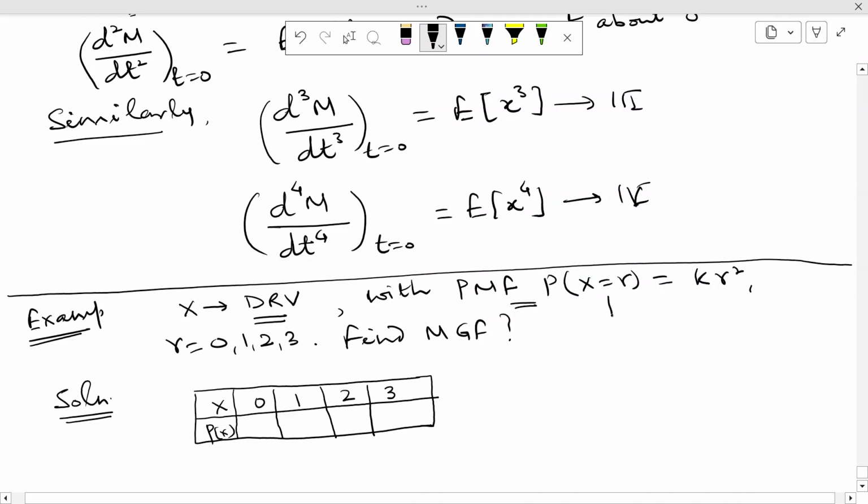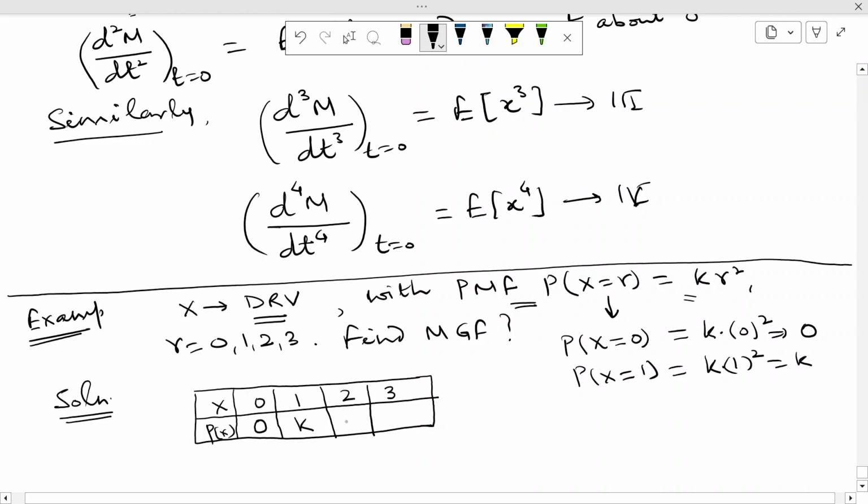Now when you put the first value, 0, that should be k into 0 whole square, which is 0. Similarly, when you put r equals 1, that should be k into 1 whole square, which is k. And using r equals 2 and 3, you will obtain 4k and 9k.